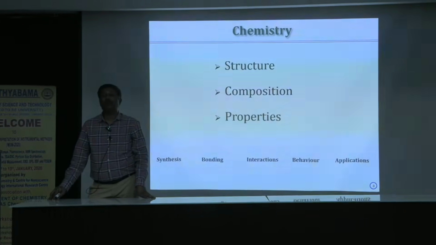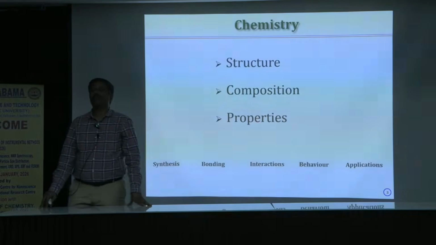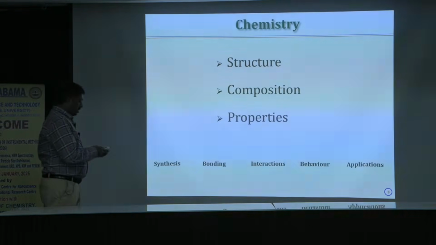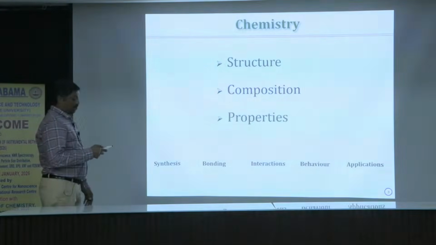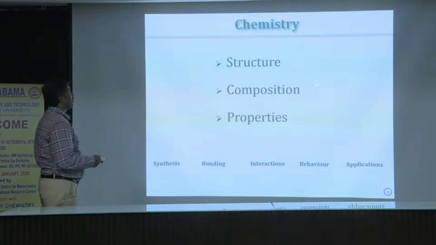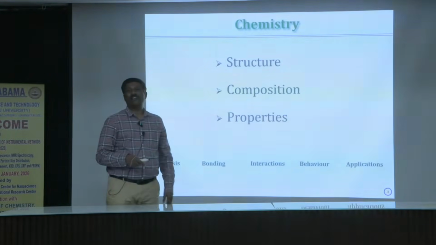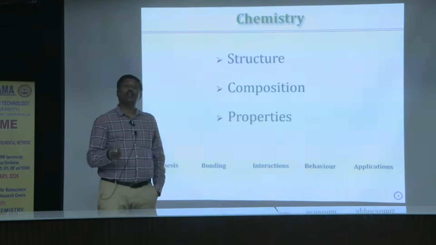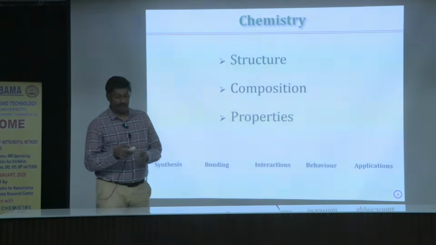Today we are going to talk more on characterization techniques. Why do we need to characterize? To understand the structure very well, to understand the composition, to achieve the desired properties. For all these things, better understanding or better characterization techniques will help you.